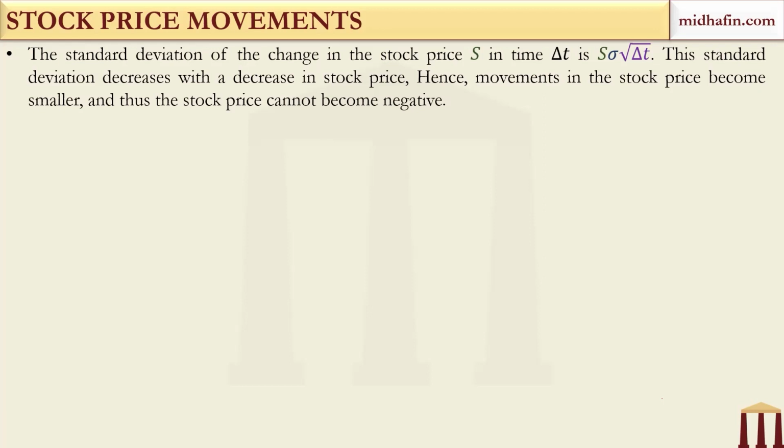So even if it's a fall of 40%, the fall is limited to 32. As the stock price decreases, the decline in price because of volatility also decreases. That is the reason a stock price can never become negative. The lower the stock price becomes, the smaller the movements become because of the volatility.